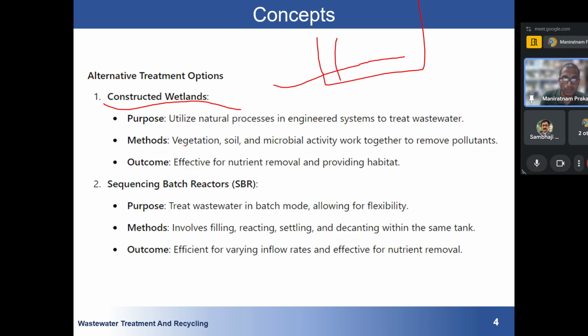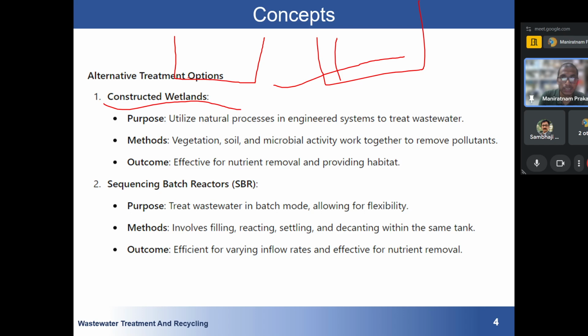So here you can see the method: vegetation, soil and microbial activity work together to remove pollutants. Whatever pollutants are there will be removed by these wetlands. As an example, there is one professor here at IIT Kanpur working on wetlands. They are mainly focused on removal of chromium from industrial waste.